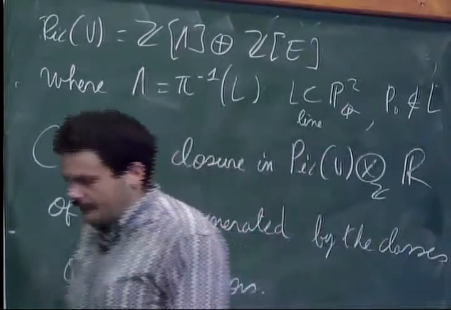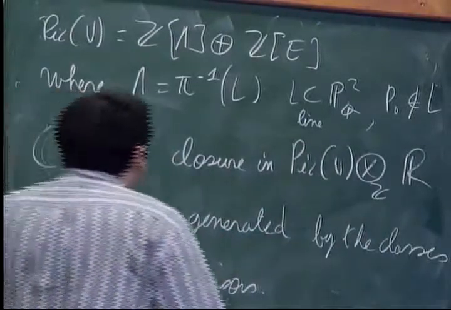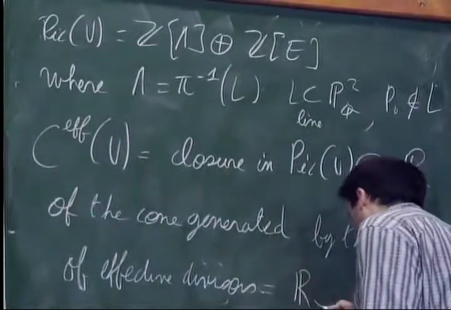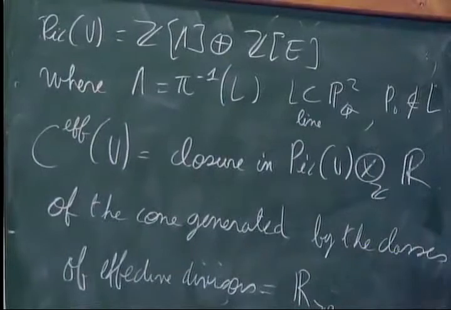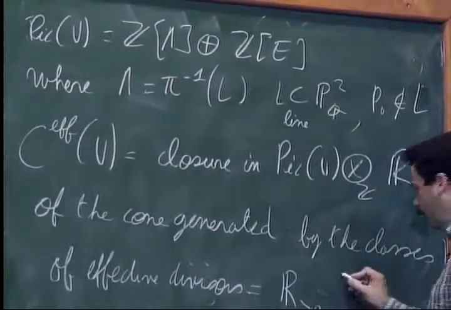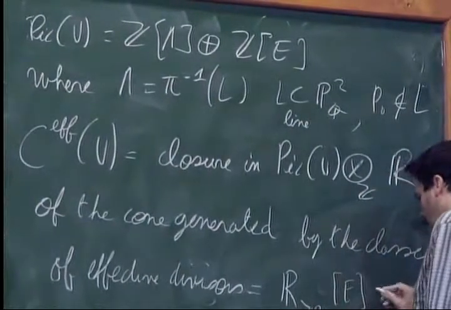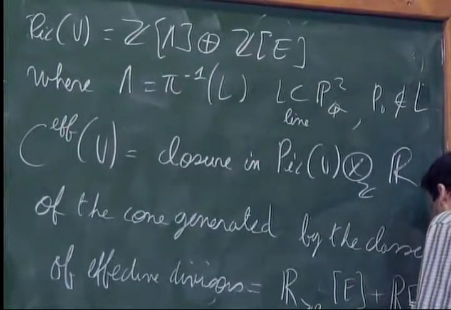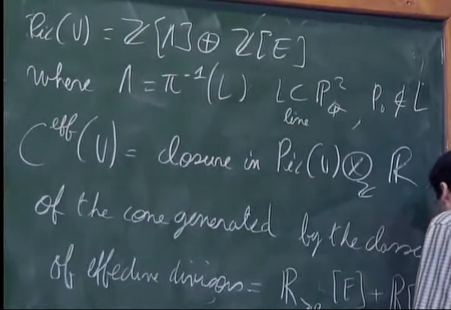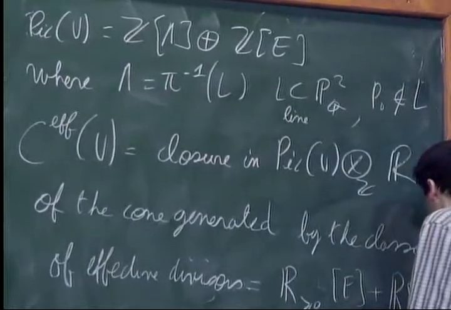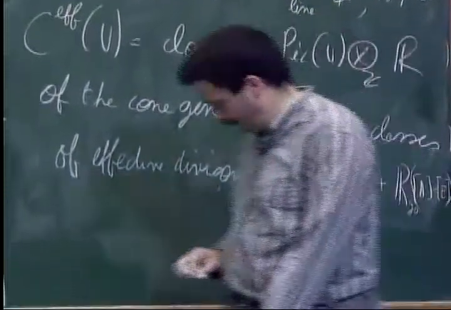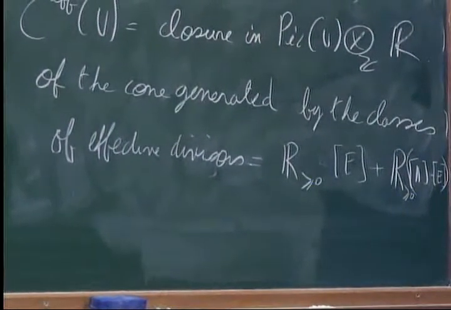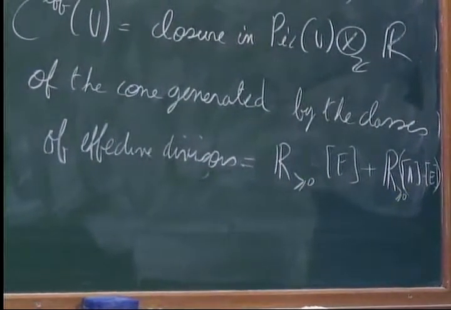And in that particular case, you can compute it quite easily, and it's generated as a cone by the class of E and the class of lambda minus E. So lambda minus E corresponds to the strict lifting of a line going through P0.